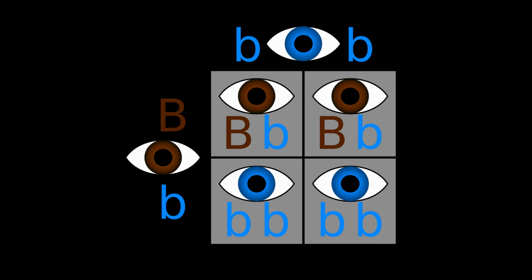So, seeing that there are two blue eyes in this diagram and two brown eyes, we can see that there's a 50% chance for their offspring to have blue eyes and a 50% chance for their offspring to have brown eyes.